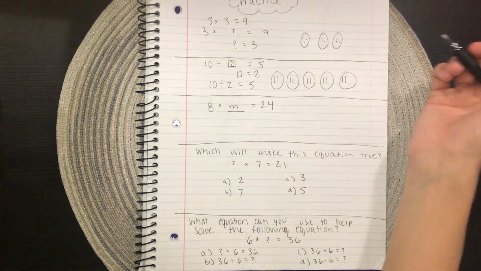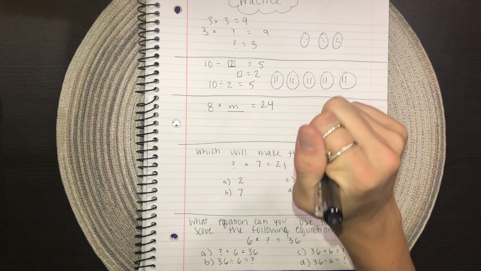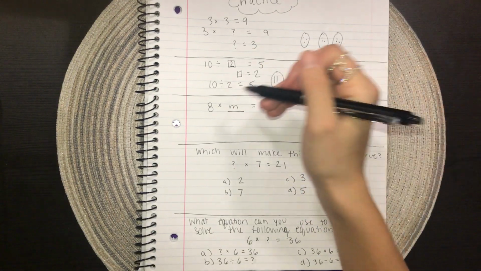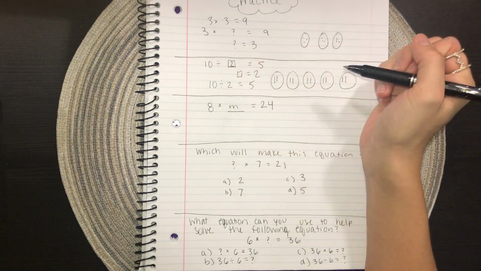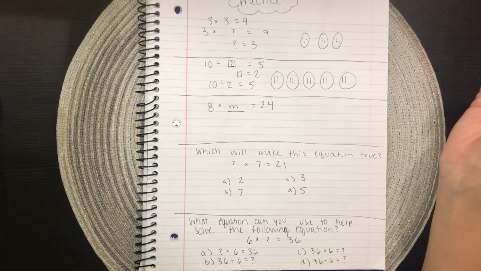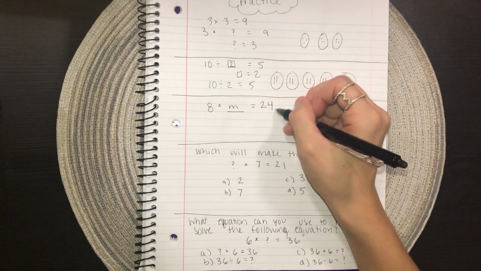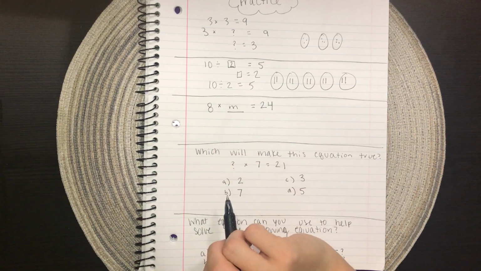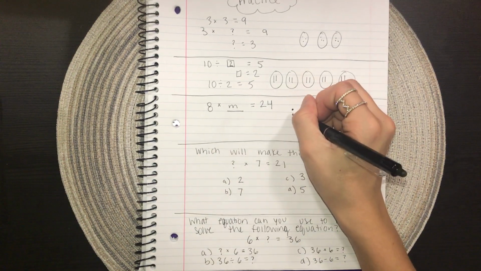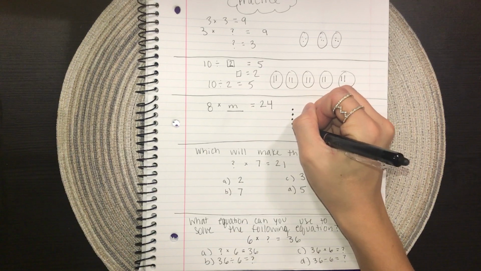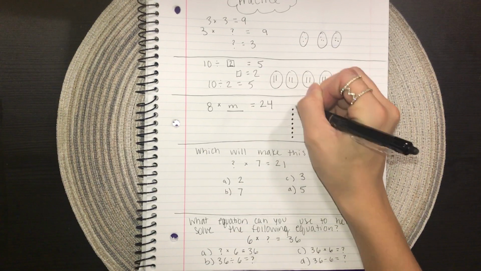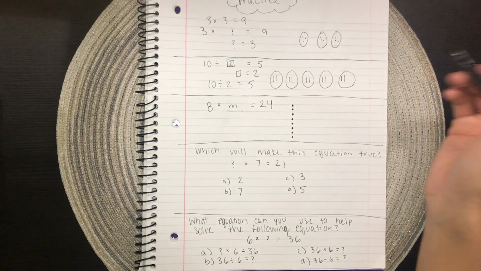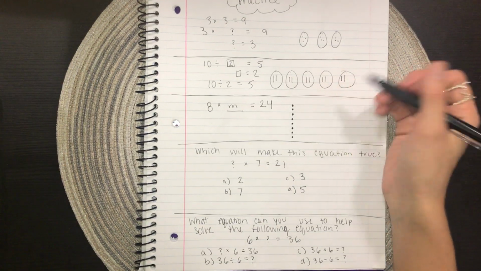All right, this one we'll do an array because we did 2 sets of equal groups for the 2 problems above. So we have 8 times lowercase m equals 24. So 24 is our total number. So 8 times what equals 24? So we're going to make our 8 rows. 3, 4, 5, 6, 7, 8. We have our 8 rows, and we're going to add to each of the rows until we get up to 24.